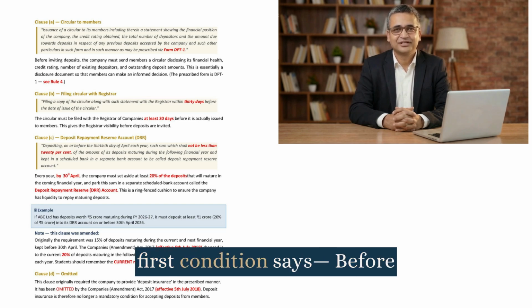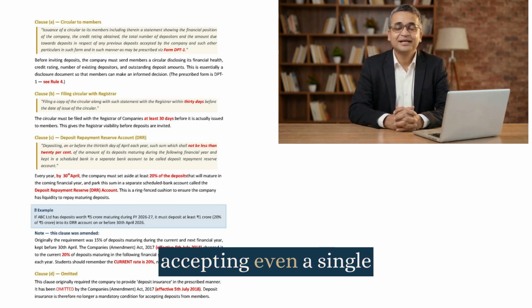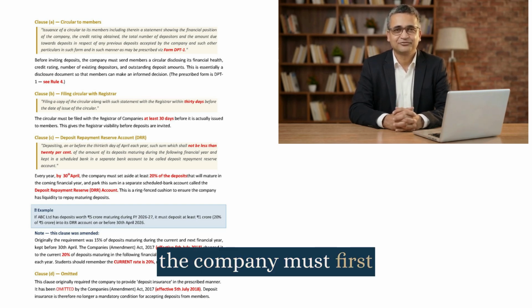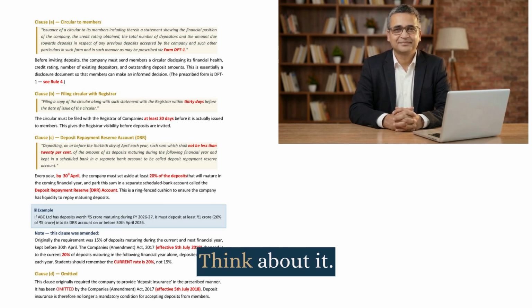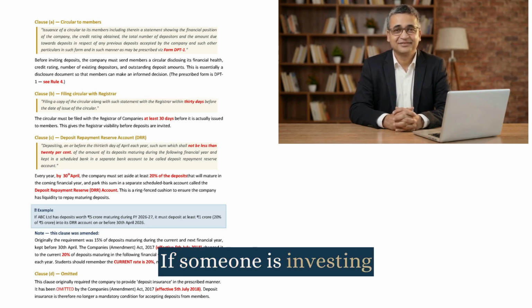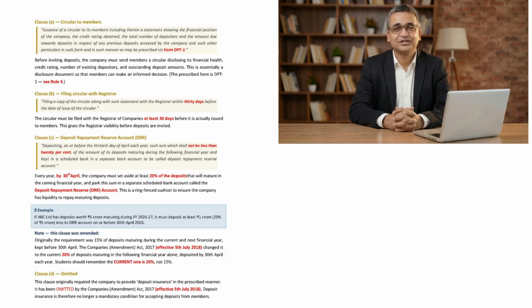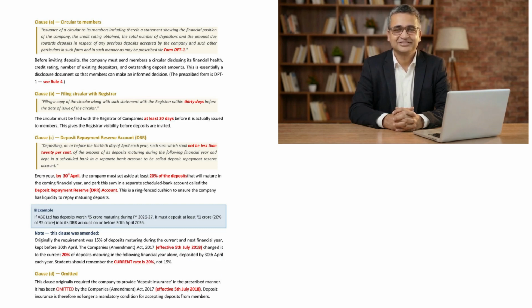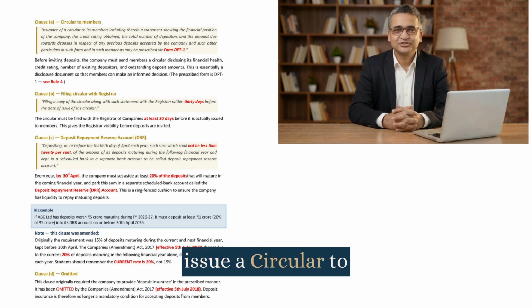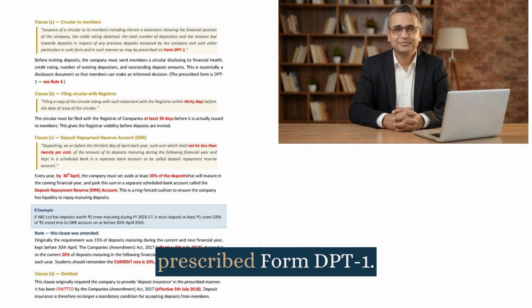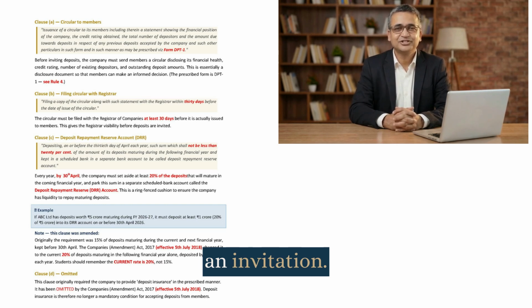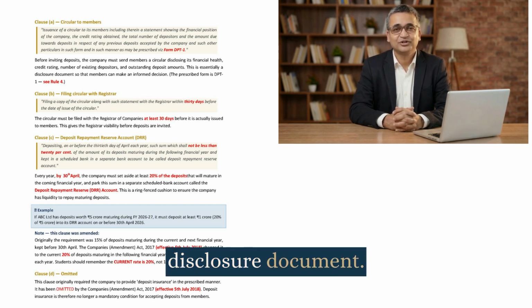The very first condition says, before accepting even a single rupee as a deposit from members, the company must first inform its members. Think about it. If someone is investing money in your company, shouldn't they know the company's financial condition? Of course. That's exactly why Clause A exists. The company has to issue a circular to its members in the prescribed form DPT-1. This is not just an invitation, it is a complete disclosure document.